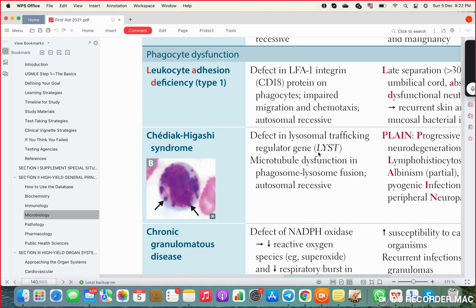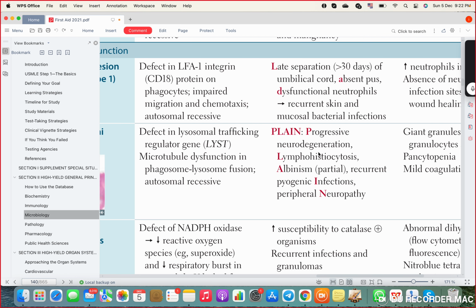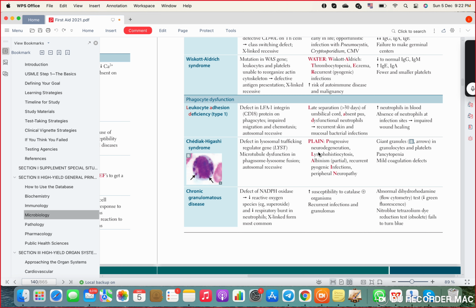But they are dysfunctional though, yeah? Can you tell me which symptoms this patient has? They will have delayed umbilical cord falling, doc, and there won't be any neutrophils at the site of the wound, and very high neutrophils in the blood.